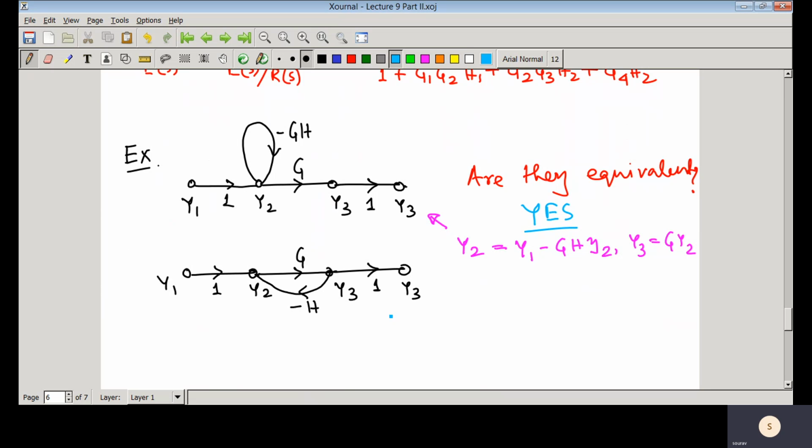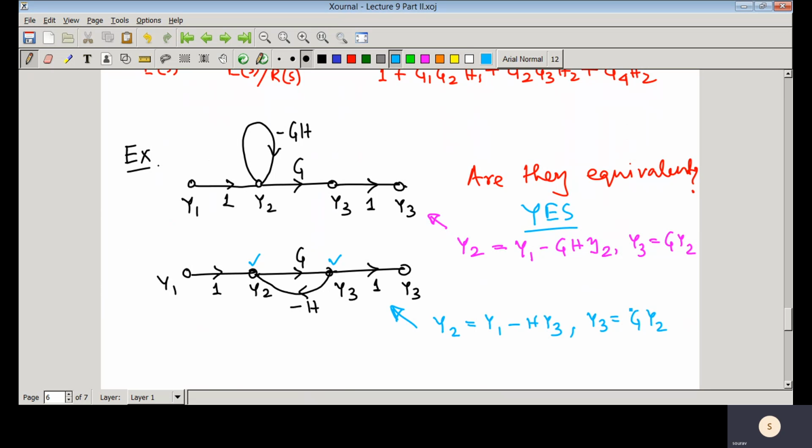Now for the second one, you can see here that y2 equals y1 minus H y3, and here you can see that y3 equals G y2.